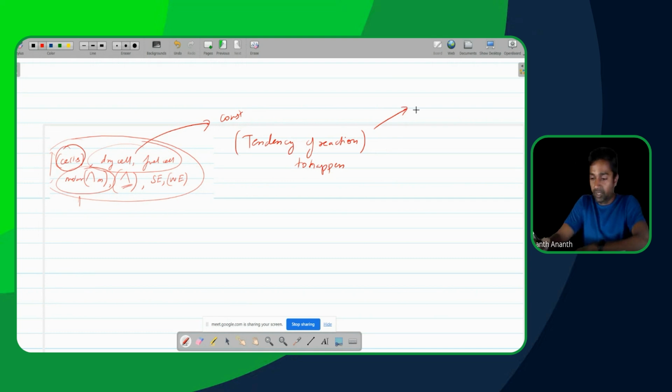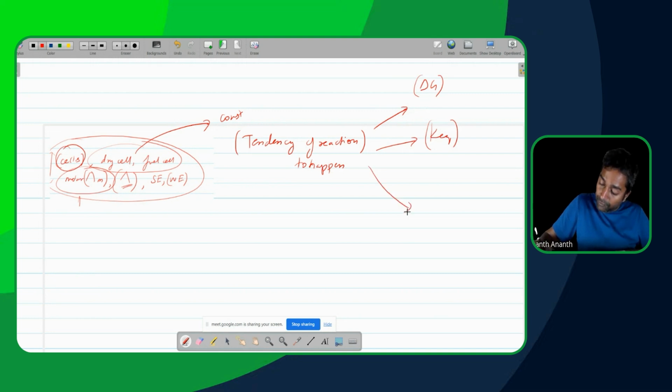Theoretically speaking, one way of quantifying it is delta G. Another way of quantifying the same thing is the equilibrium constant. Another way of quantifying the same thing is electrode potential.